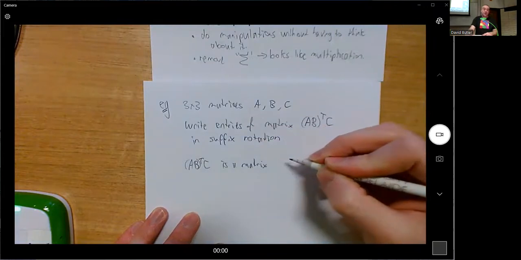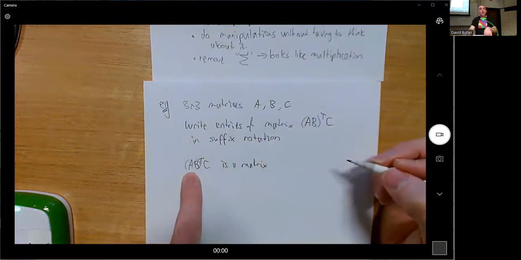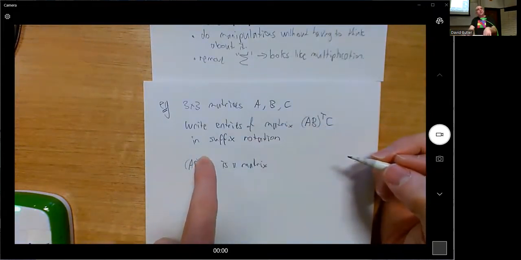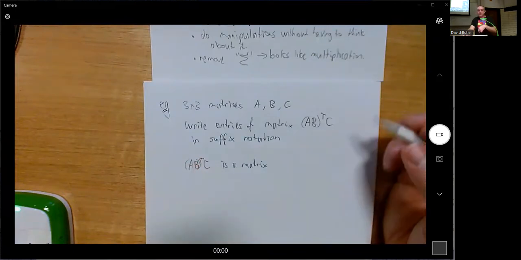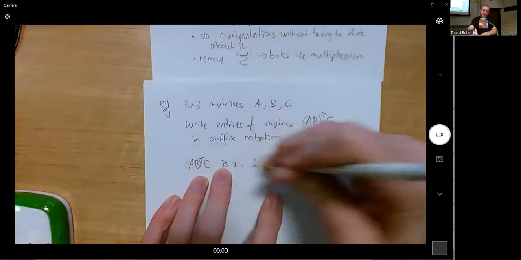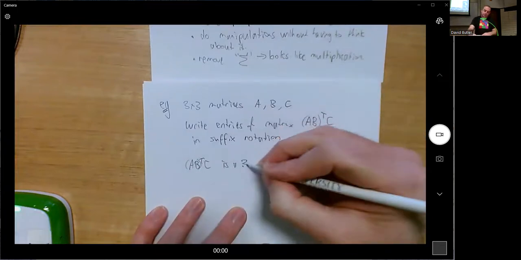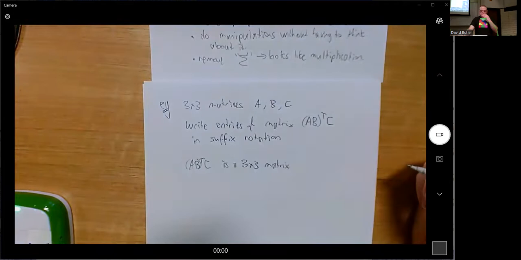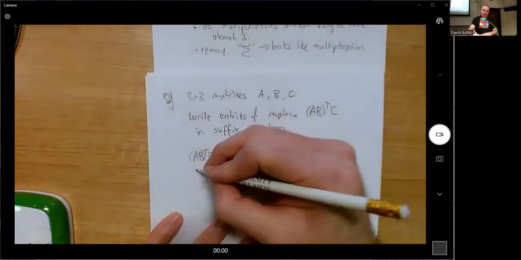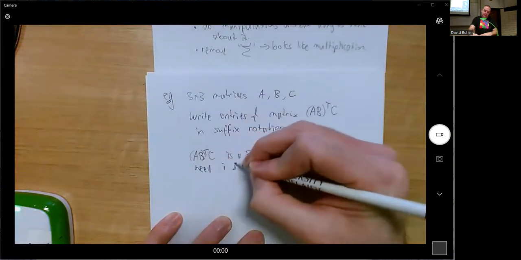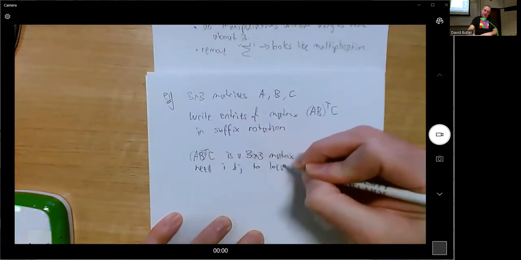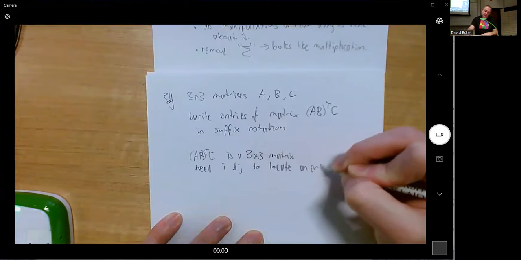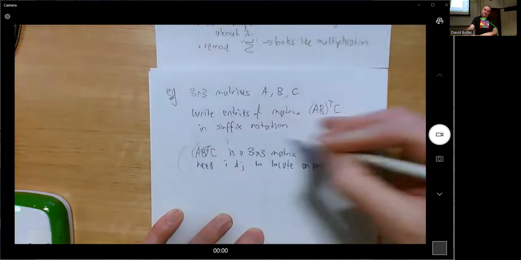It's a 3 by 3 matrix because A and B are 3 by 3, A B transpose is 3 by 3 times C also 3 by 3. So it's a 3 by 3 matrix. It has entries, so you need i and j to locate an entry.